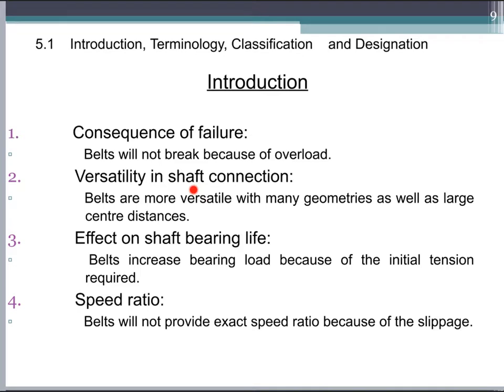When compared to shaft connection, belts are more versatile because of the flexibility advantage, and can span a large center distance between one shaft and another. But belts will increase the bearing load because of the initial tension required for the belt. And last, belts will not provide a constant speed ratio because of slippage.